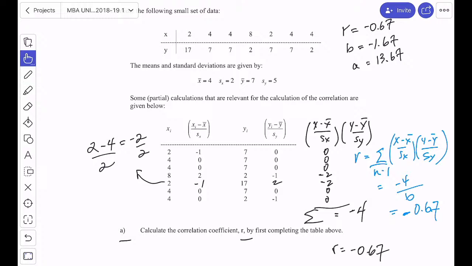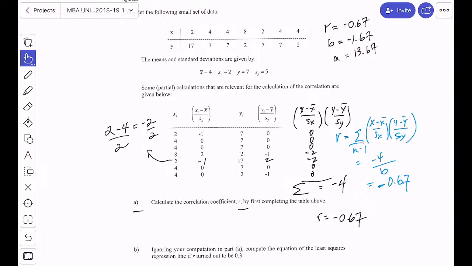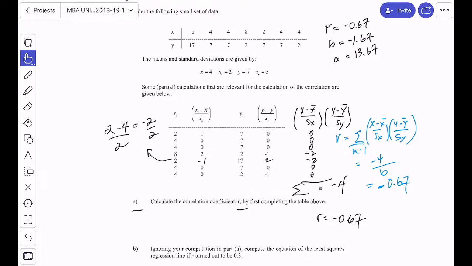And then, because this was actually a quiz I gave, in case some students got the first part wrong, they had a chance in the second part, where I say, okay, well, ignore what you did in part A. What if R is 0.3? Find the line.